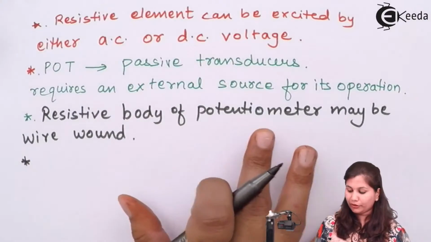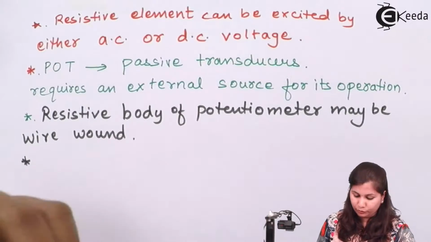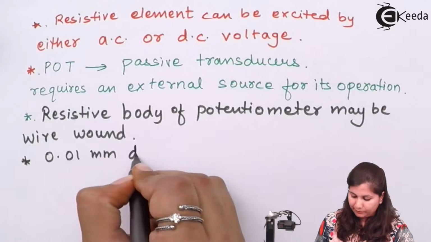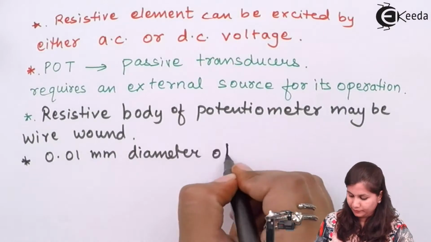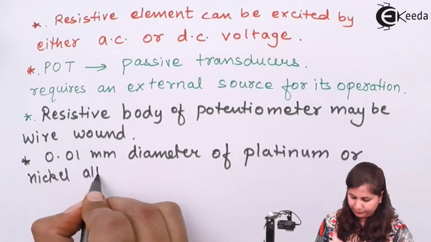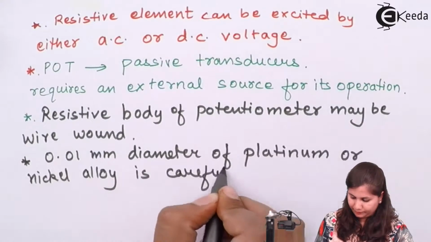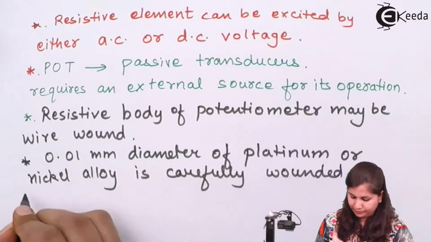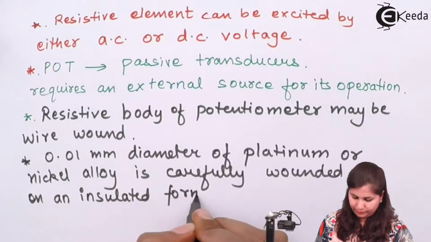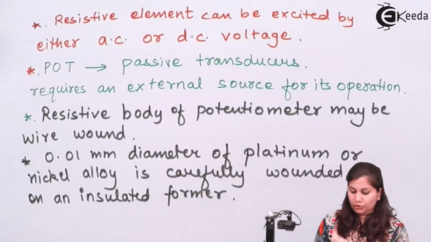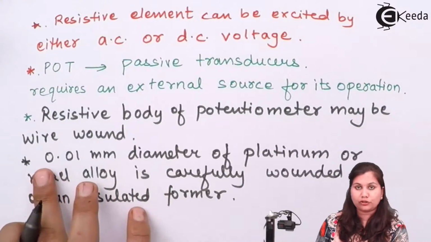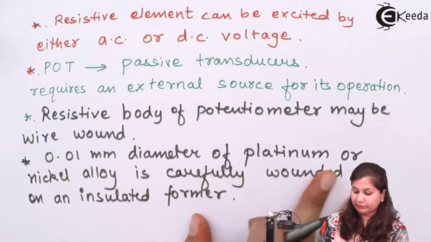So the resistive body may be wire wound, a very thin wire of 0.01 mm diameter, of platinum and nickel alloy.